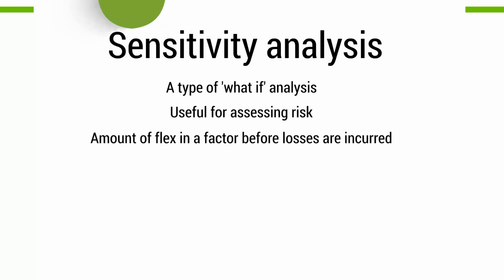So think of the factor being revenue. How much can revenue change by before a project becomes unprofitable, becomes unviable? If revenue can drop 40% before the project is unviable, it is not sensitive to changes in revenue, because that's a huge drop.